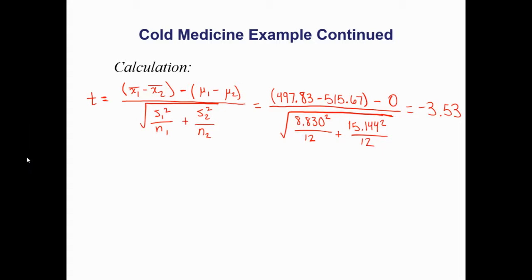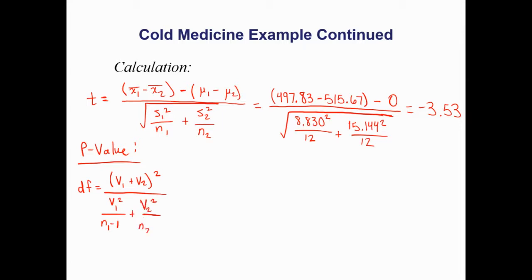Okay, so for the p-value, first we need to get degrees of freedom. This kind of starts our p-value section. Degrees of freedom is that v formula: (v1 plus v2) squared over v1 squared over n1 minus 1 plus v2 squared over n2 minus 1. We've got to use this formula.